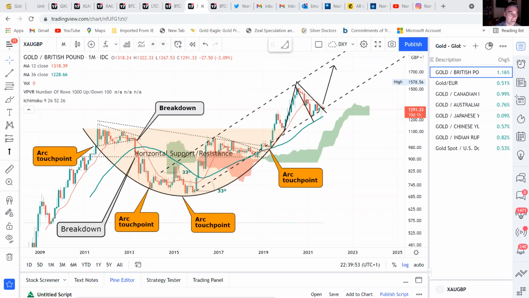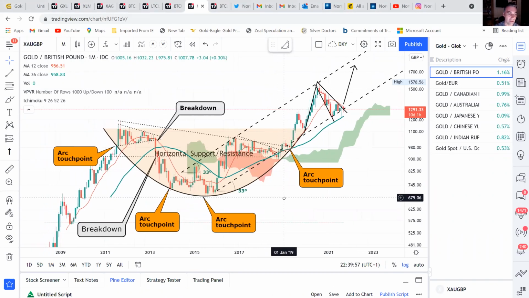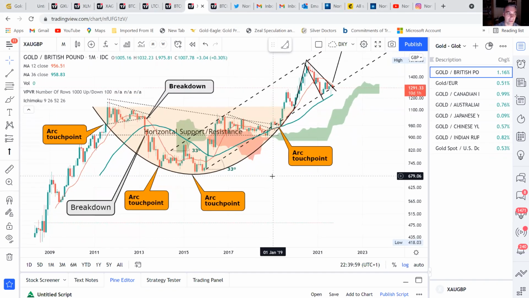Hello again, I'm going to take a little look at gold in British pounds here on this chart, and I think it's interesting because quite often you get gold in foreign currencies leading the charge in a breakout. We saw that as gold broke out over the last couple of years, and it was gold in British pounds, euros, Canadian dollars, Australian dollars, Japanese yen, Chinese yuan, the Indian rupee.